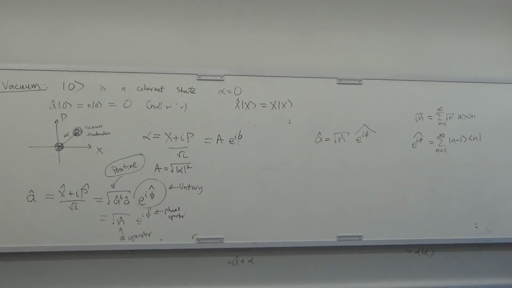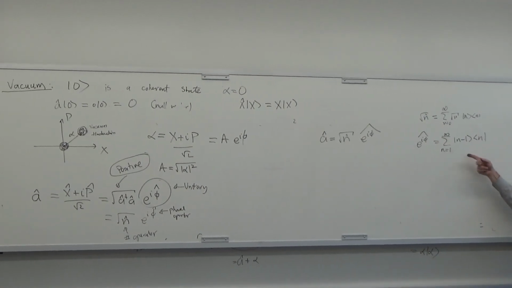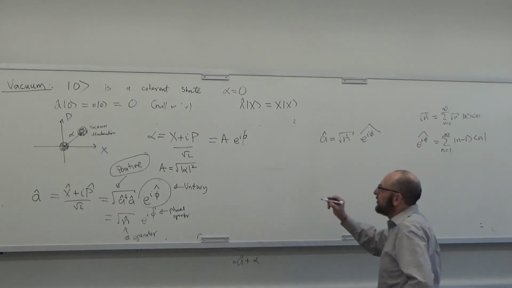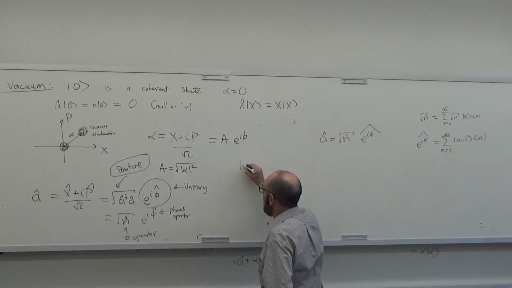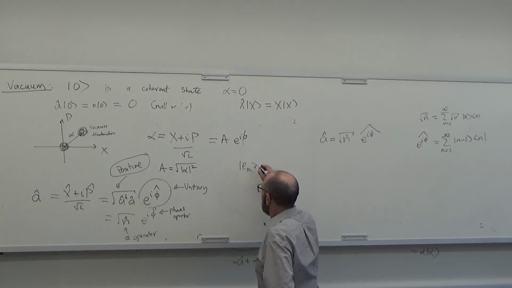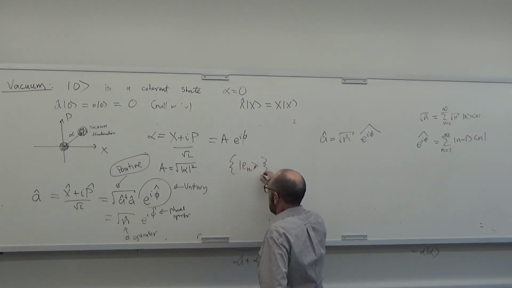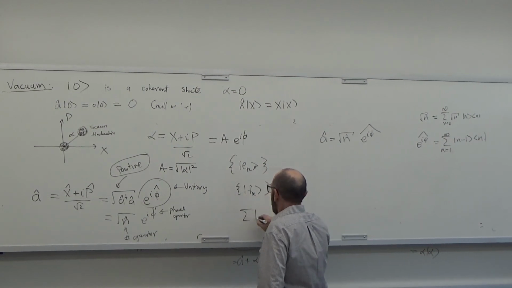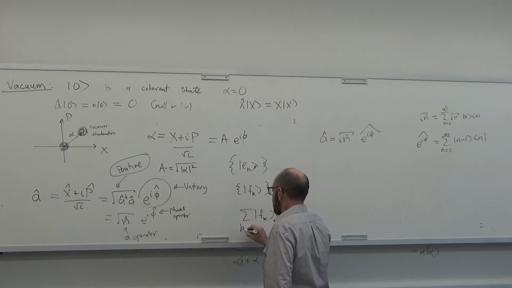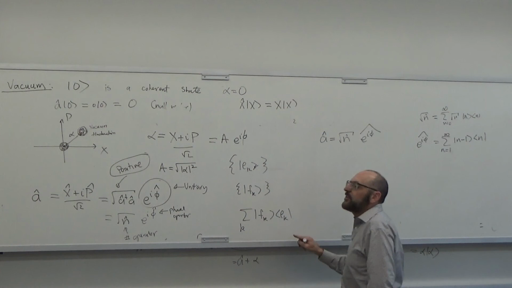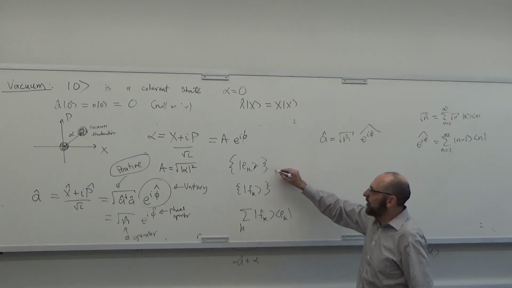Now, is this a unitary operator? It kind of looks like one, but it's not quite. I'll just give you a little aside. If I have two bases, these are two bases for Hilbert space, then an operator that maps one basis vector to another is a unitary operator if these are orthonormal bases.